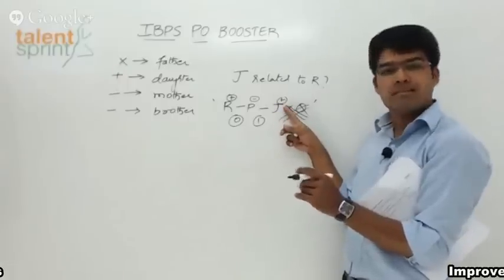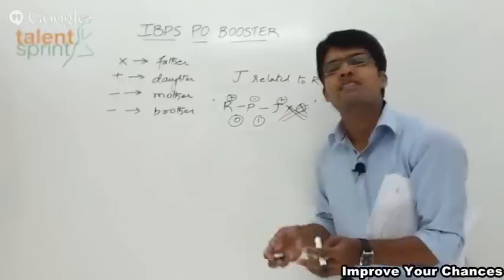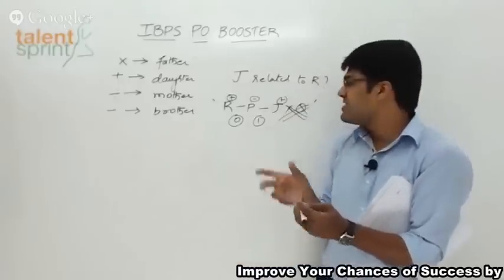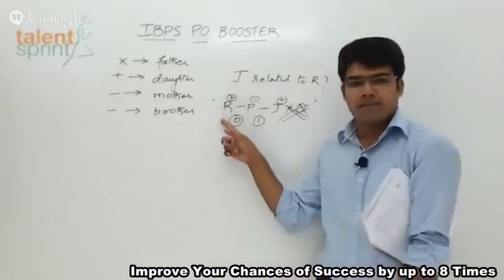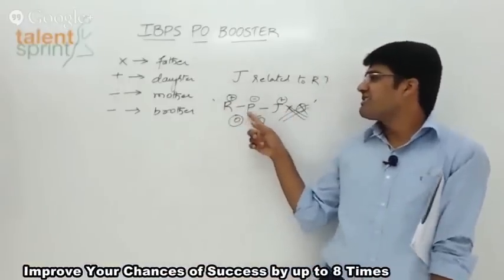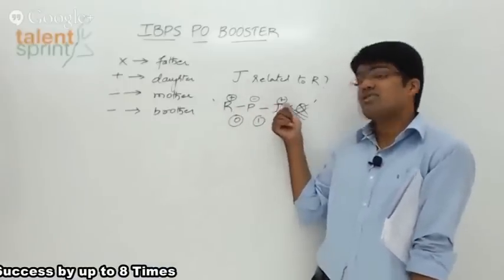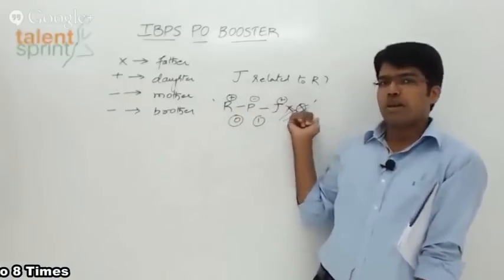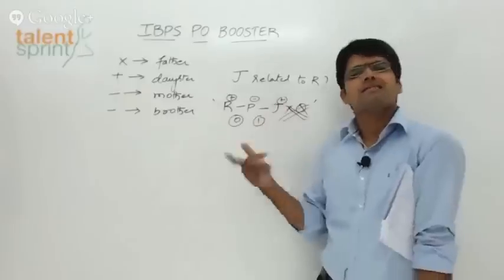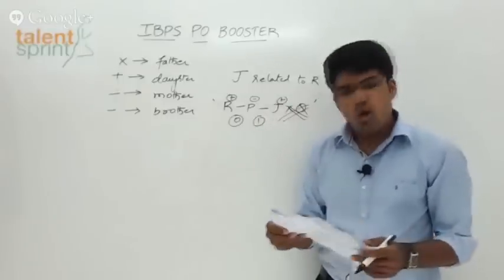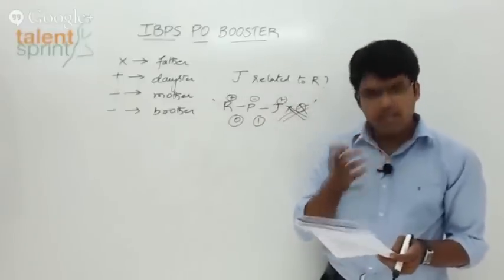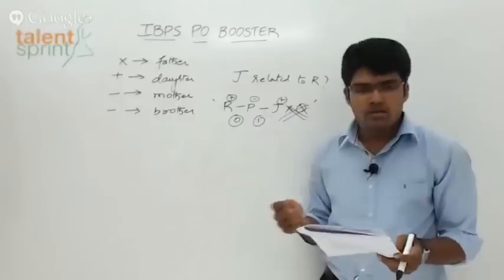Because it is plus here. Plus means male. Nephew is a male child. So I can say J is the nephew of R because R's sister's son. Sister's son is nephew. How do we know son? Because gender is male with respect to Q, right? So the answer for this question has to be option 2, nephew. It cannot be son or daughter, right? So nephew is the answer.